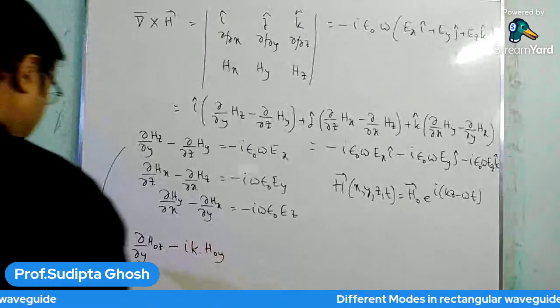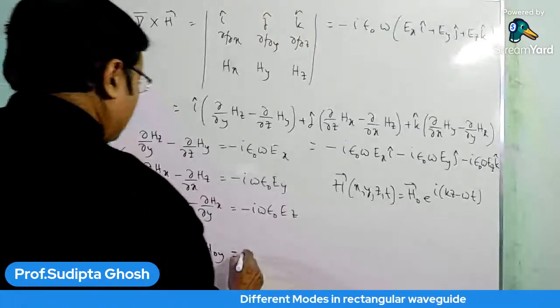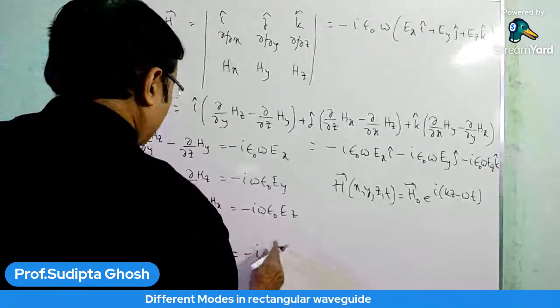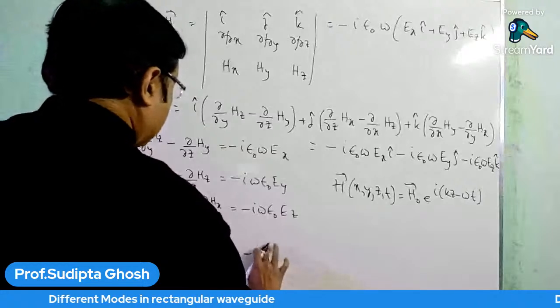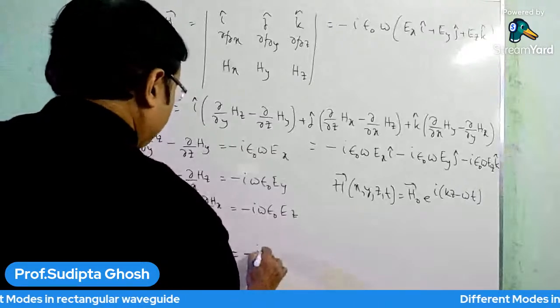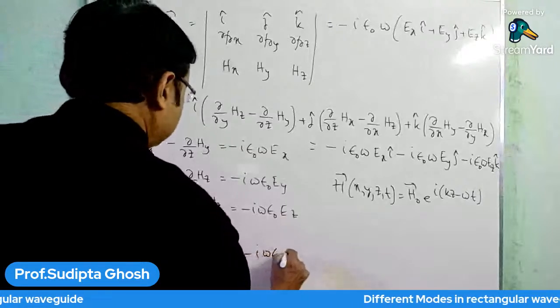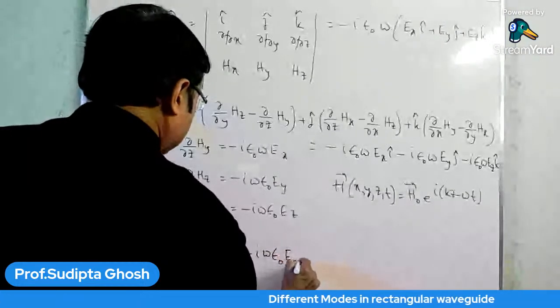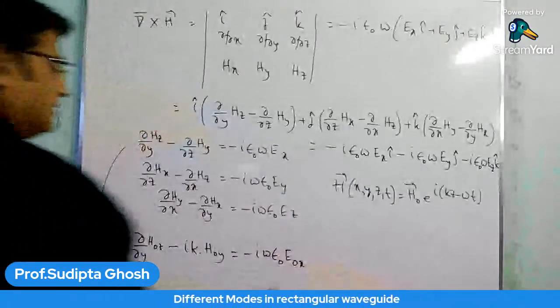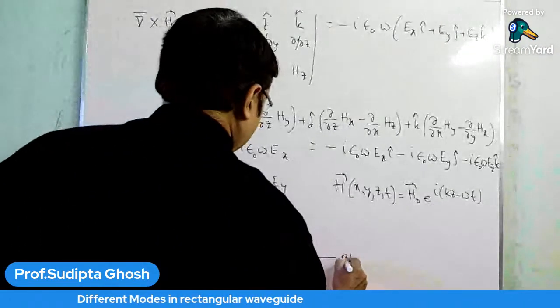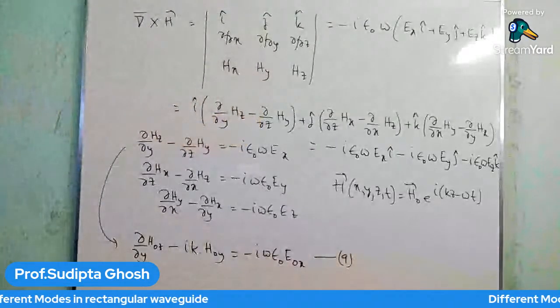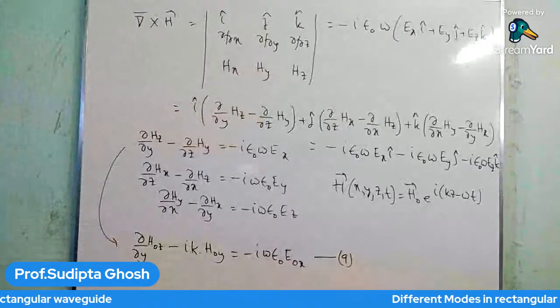Now in the right hand side it will be minus i omega epsilon 0, and Ex is written as E0x. So let it be equation number 9. So this is the first equation.